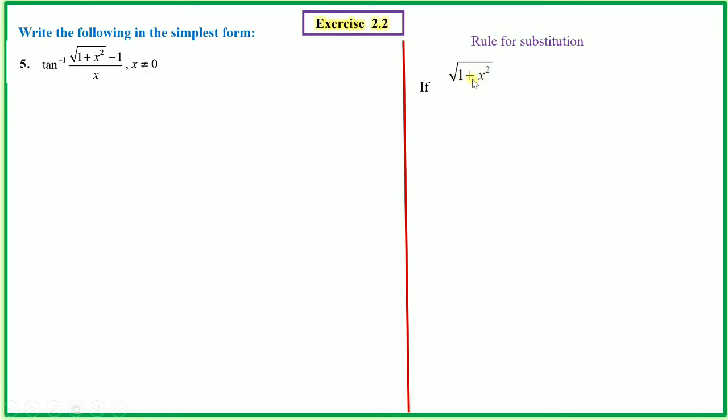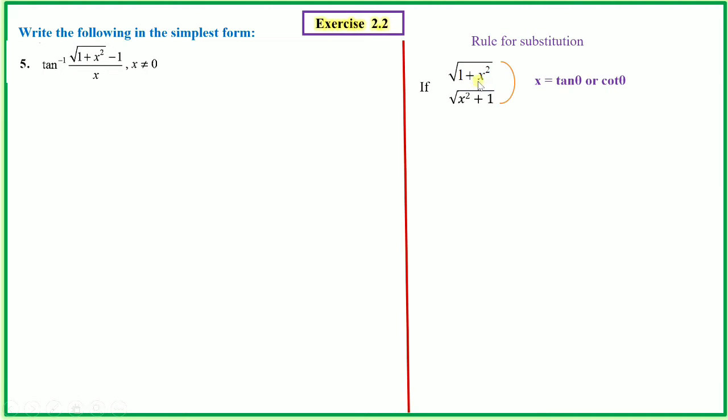You need to take care of whether it is positive or negative. If it is positive, like this, under root 1 plus x square, or it can be under root x square plus 1, then you will be substituting either tan theta or cot theta. x is equal to tan theta or cot theta.